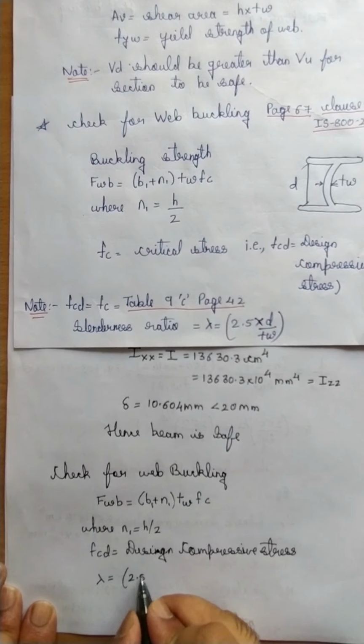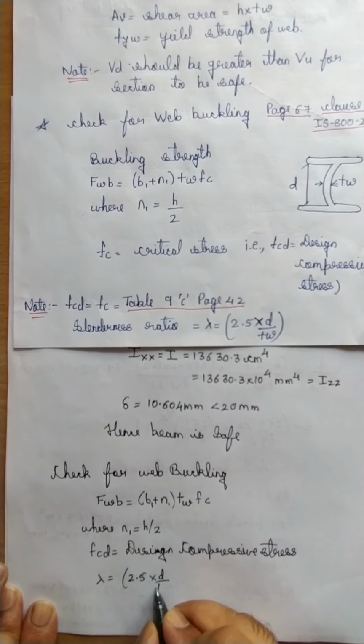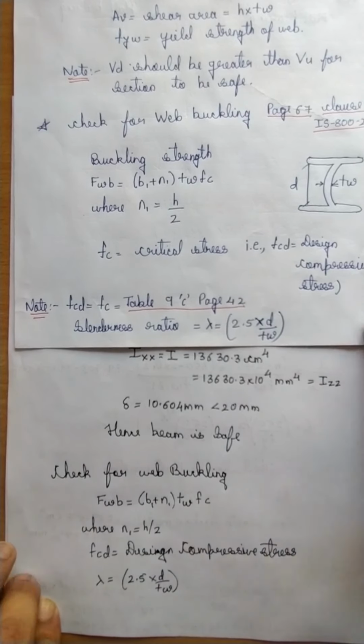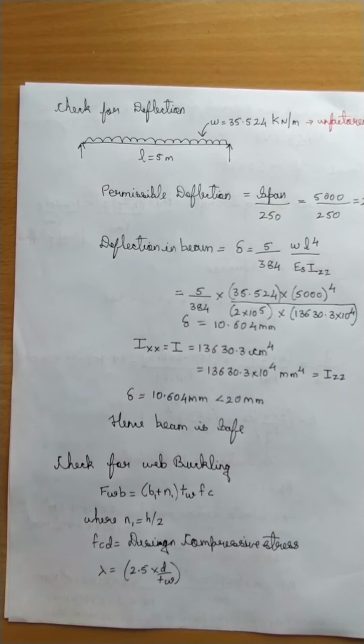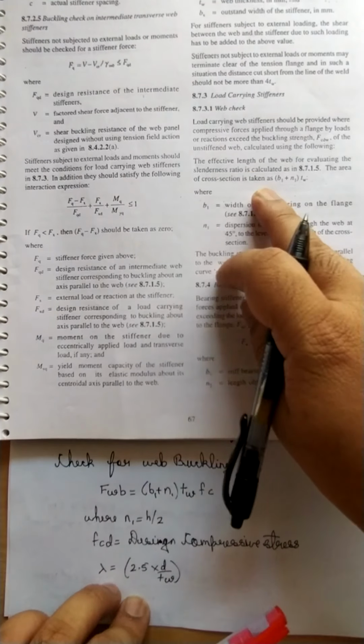So lambda is 2.5 into d divided by tw. So this I would like to show you in the clause. So from which clause we have noted down? Remember, buckling has been taken from this clause.